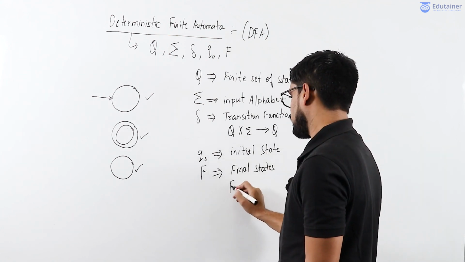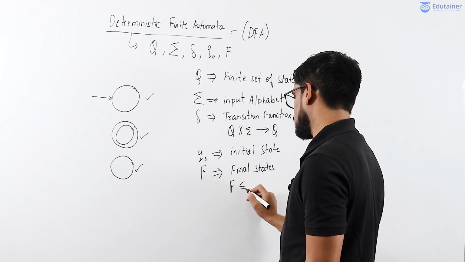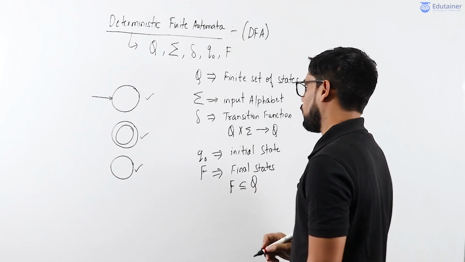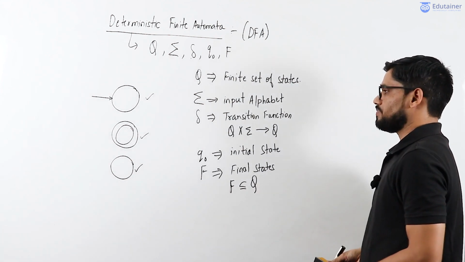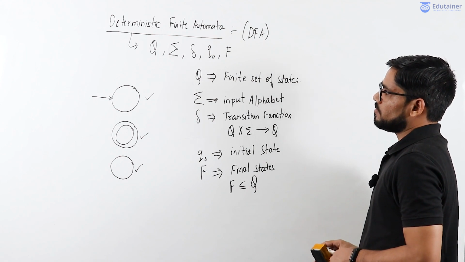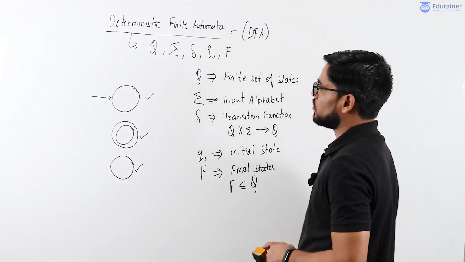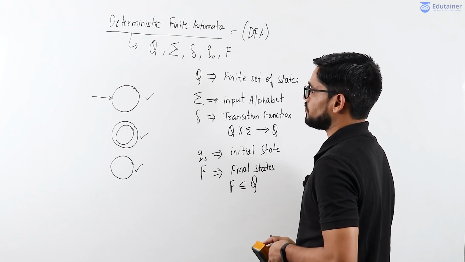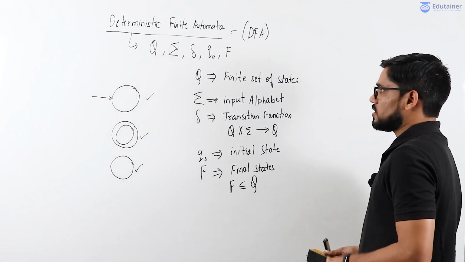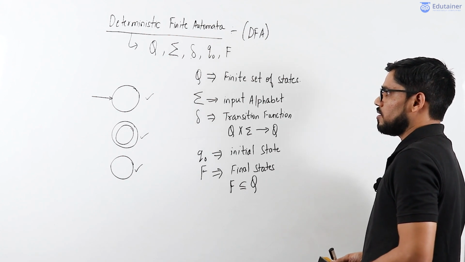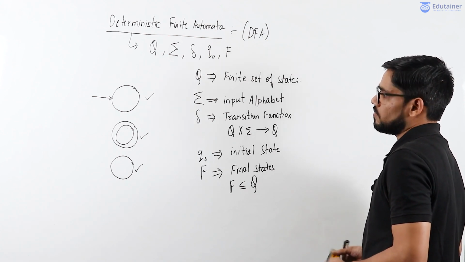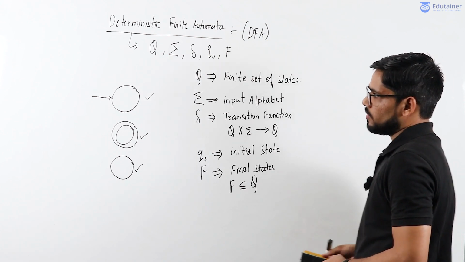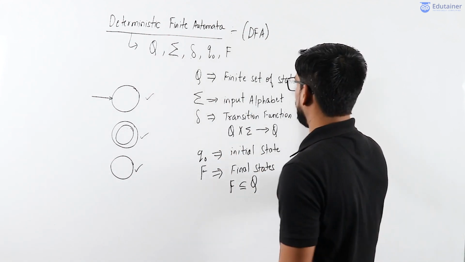So capital F is always a proper subset of capital Q. These are the basic concepts in deterministic finite automata. So let's take an example. The example will be much more meaningful to you than discussing these formal definitions.